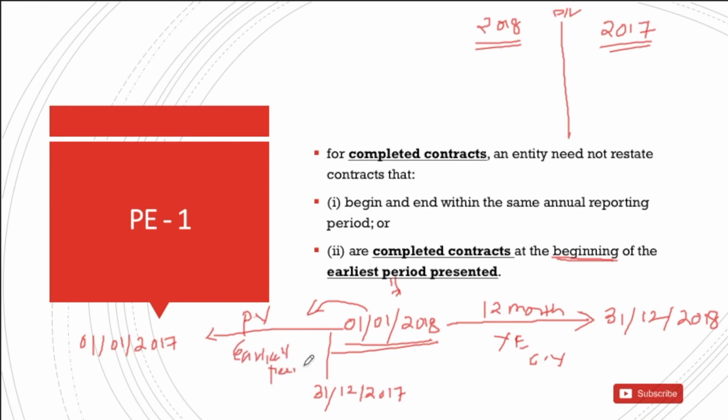At the beginning, on this date, all the completed contracts need not be restated if you wish to apply practical expedient number one. So this concept is decoded in this way: our completed contracts at the beginning of the earliest period presented. For all the completed contracts here, you may have the option not to apply the requirements of IFRS 15.